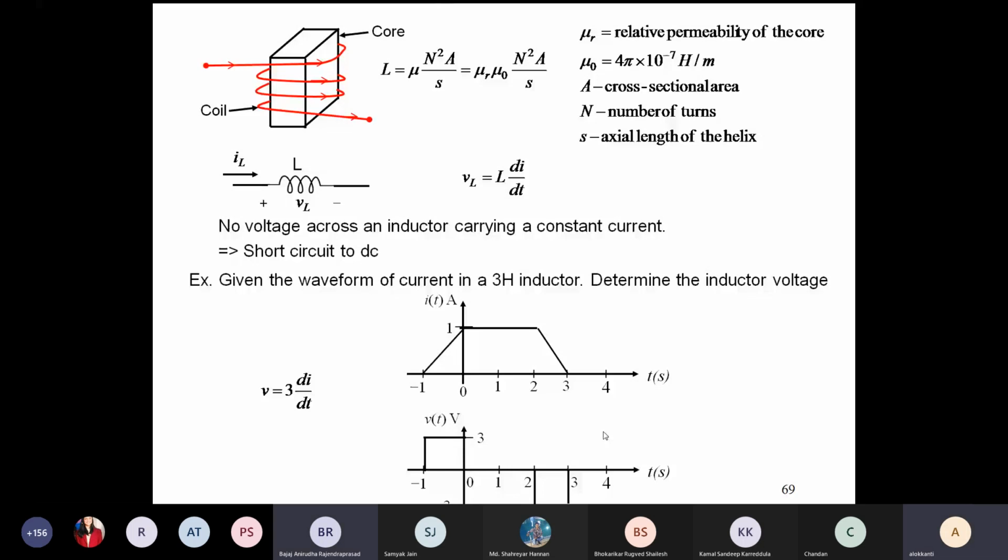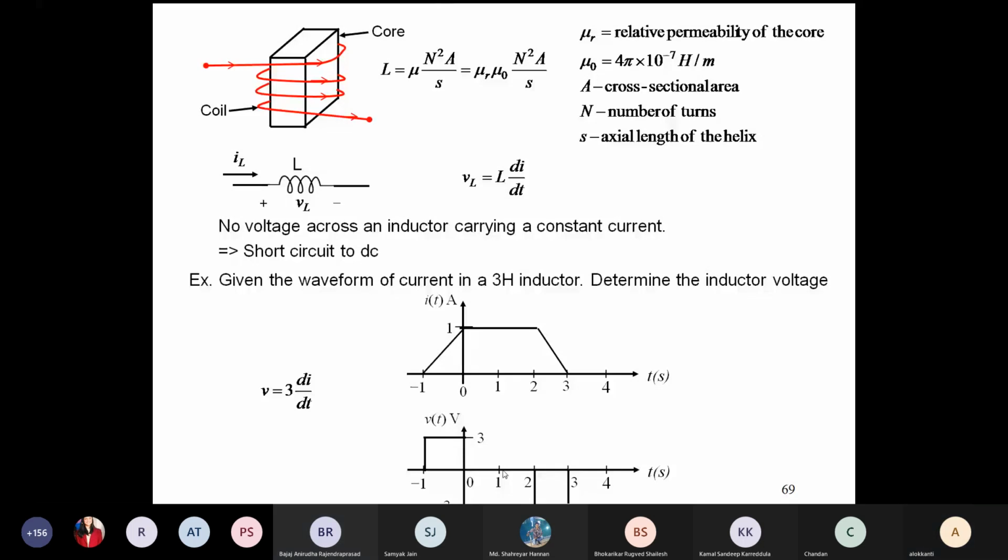It directly goes to 0. As soon as it crosses time t equal to 0, if we consider two small intervals, there is basically no change in current. So di dt is 0, and from 0 onwards the voltage becomes 0.